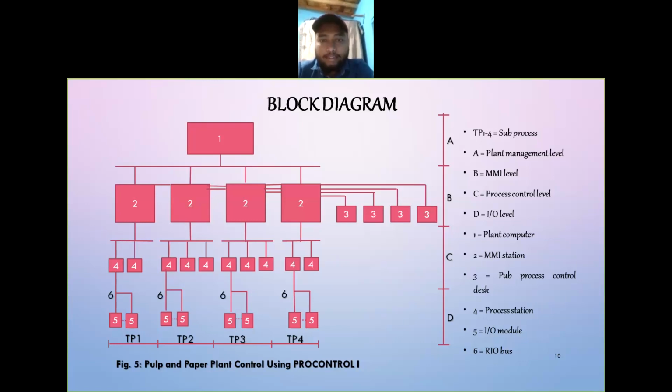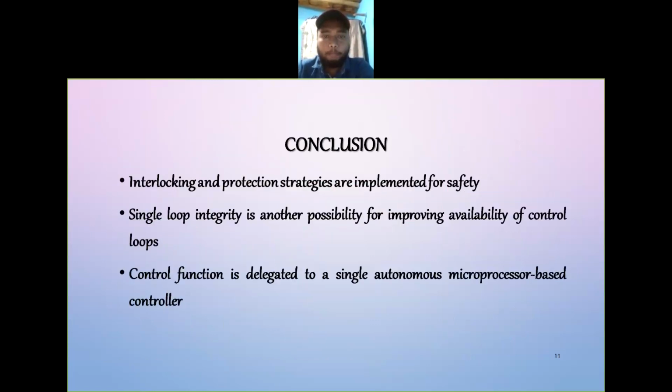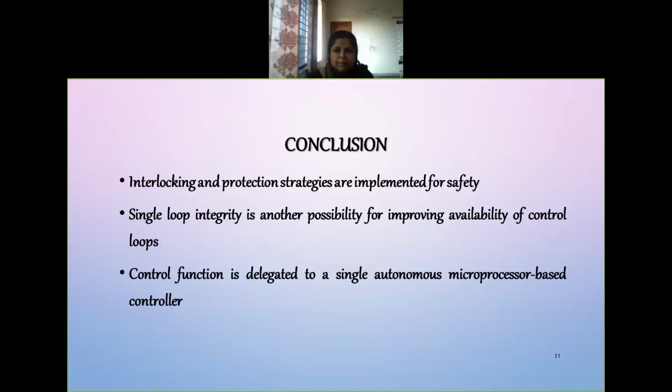Okay, we are seeing the sub-processes as well as the three parts of the main process, that is process control, man-machine interface, and plant management. At the topmost level is plant management, where a single computer controls the entire plant area. Next.